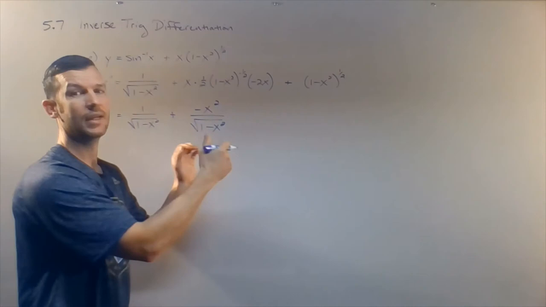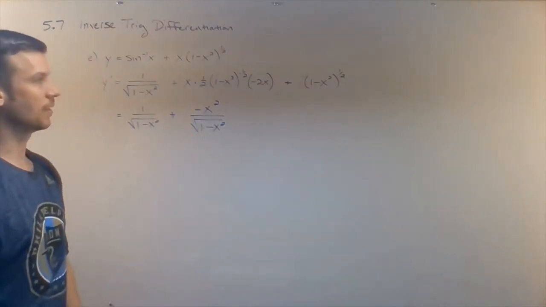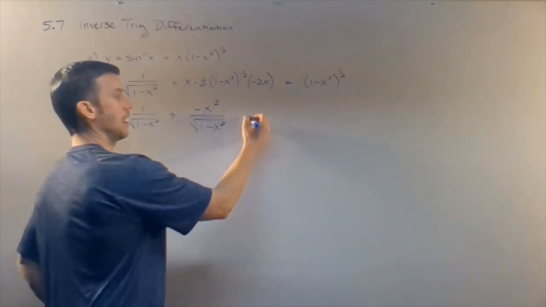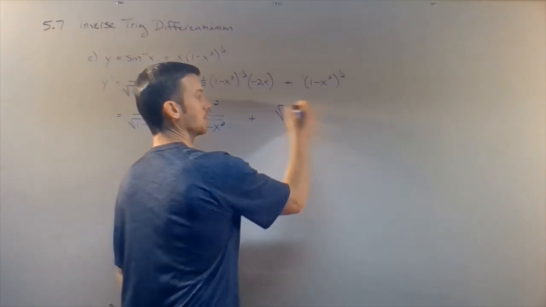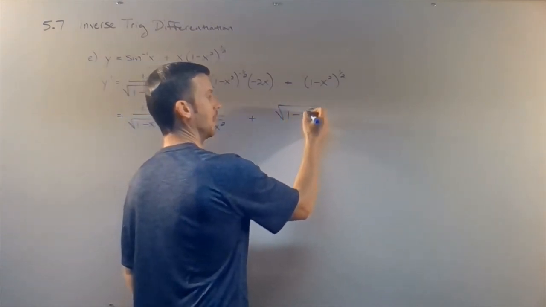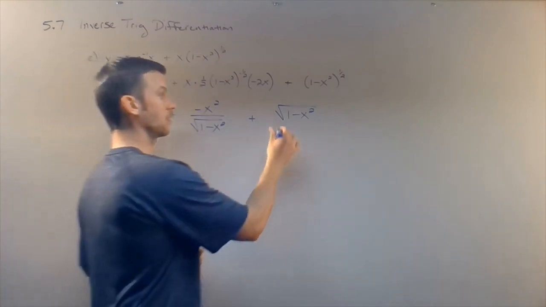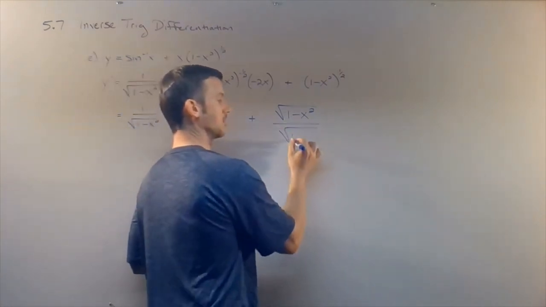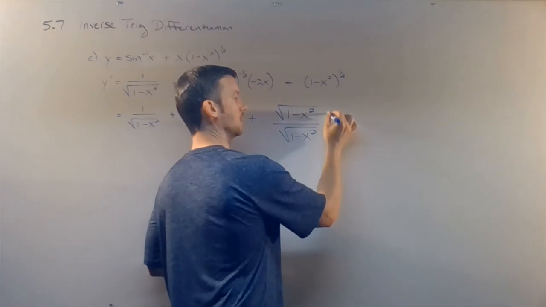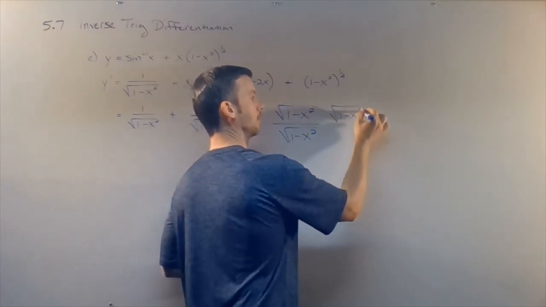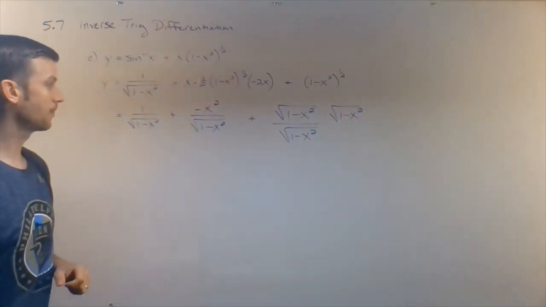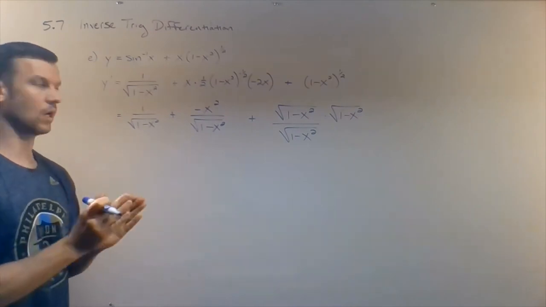It moves to the bottom. It's a square root of 1 minus x squared. And then I have plus the square root of 1 minus x squared. Now I can get that to have the same denominator by multiplying by the square root of 1 minus x squared on the top and the bottom. Okay? So now I can combine all of these into one answer.